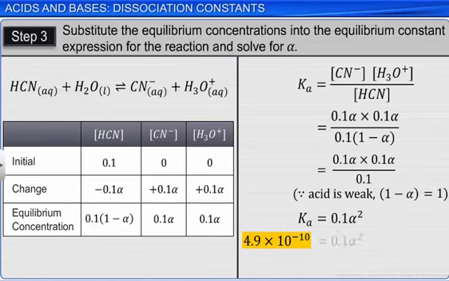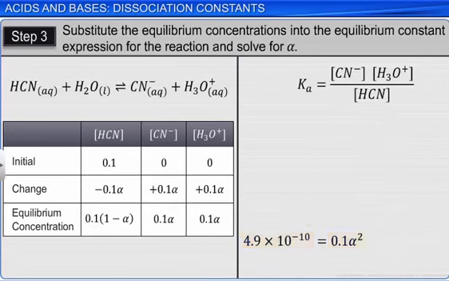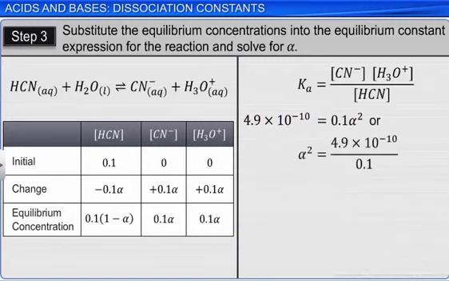Now, this can be written as alpha square is equal to 4.9 multiplied by 10 raised to the power minus 10 divided by 0.1. This becomes equal to 49 multiplied by 10 raised to the power minus 10. Hence, alpha is equal to the square root of 49 multiplied by 10 raised to the power minus 10.